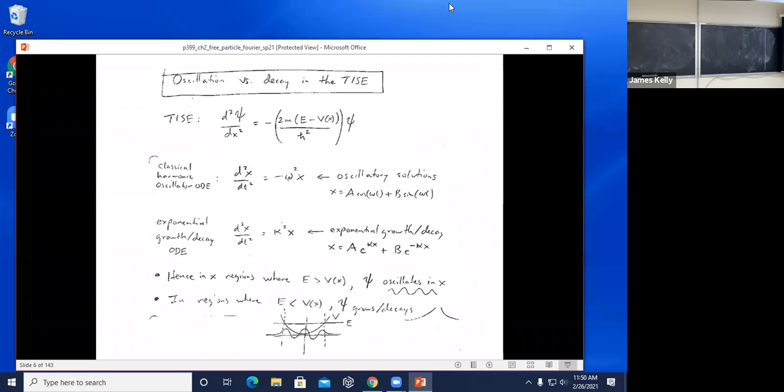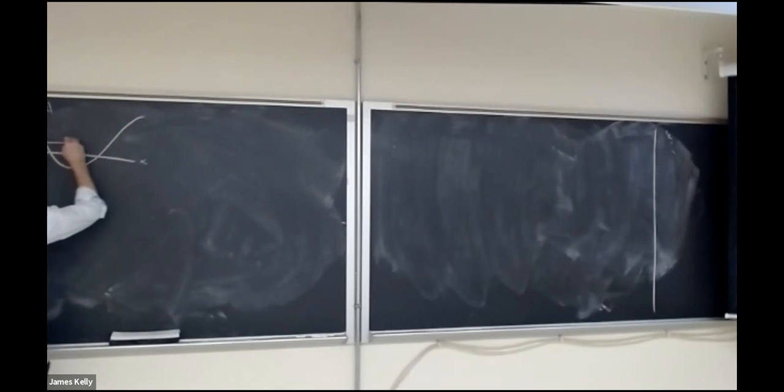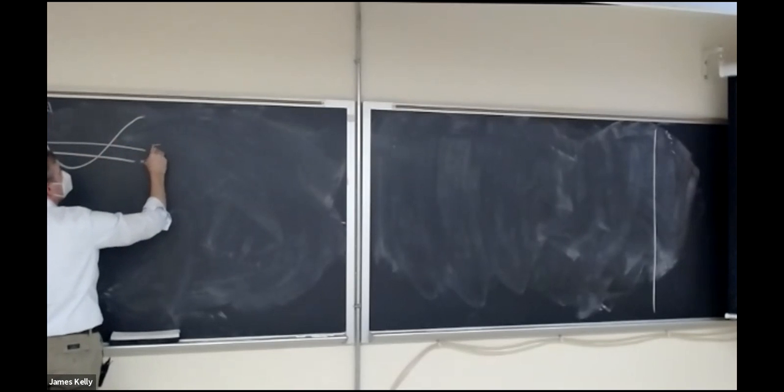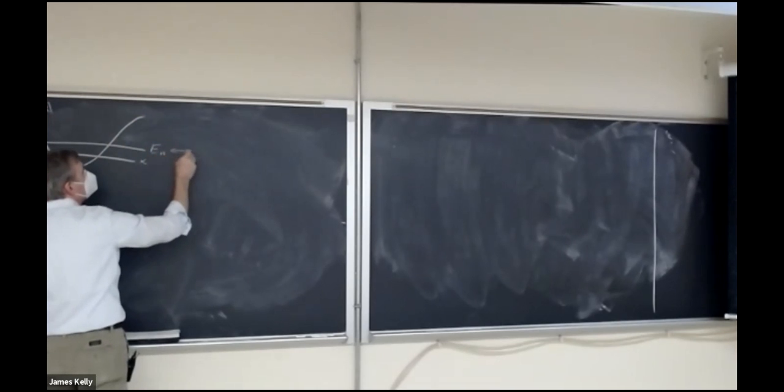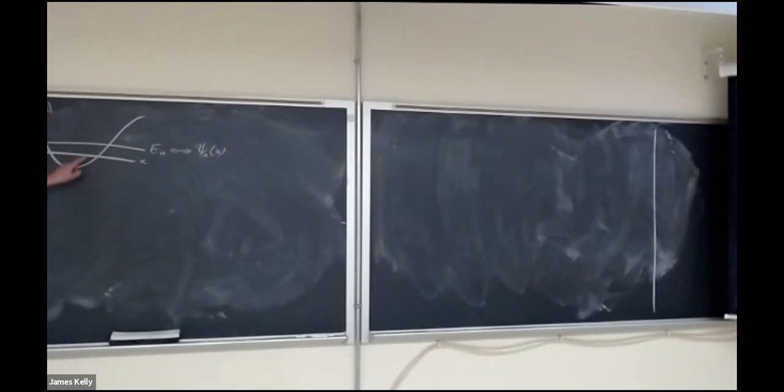If I plot V of x as a function of x, and you have some potential energy function that looks like this, and you've solved for a bunch of different energy eigenstates, and this is E n, which corresponds to a state psi n as a function of x. Here's a region where E n is bigger than the potential energy.